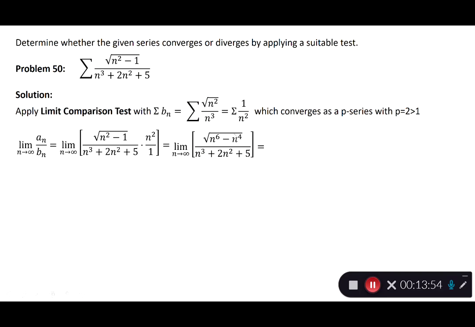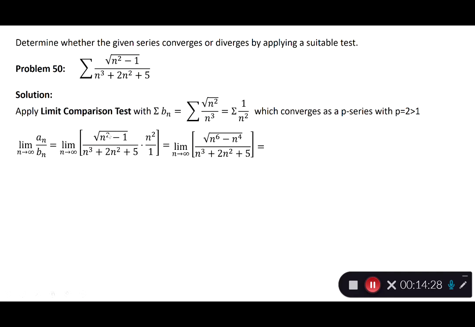So what did I do here? Let me explain. Would you agree that we have n square outside of the radical here on the top? The square root of n square minus 1, but this n square is outside of the radical. If we want to take it inside the radical, is that possible? The answer is yes, you can. But you better square this as it goes inside, right?